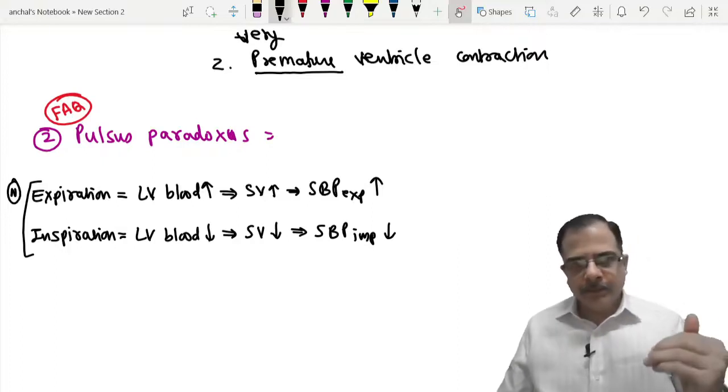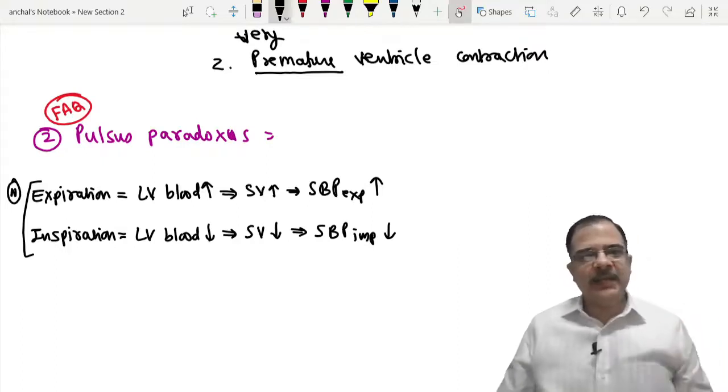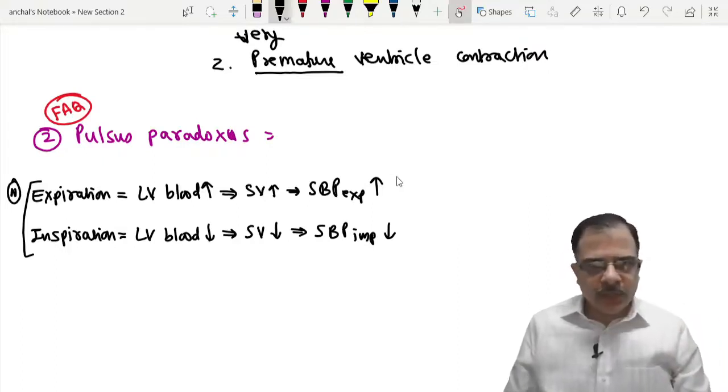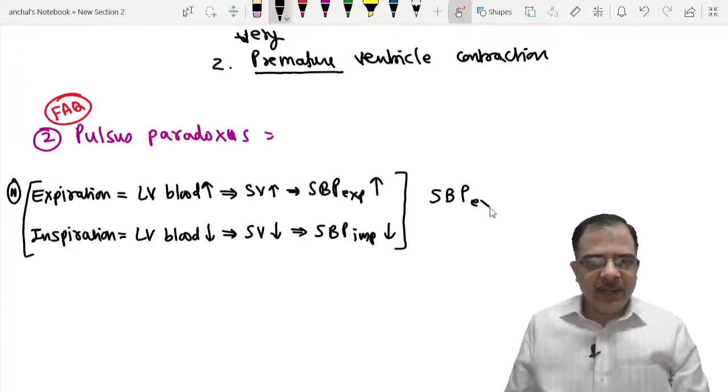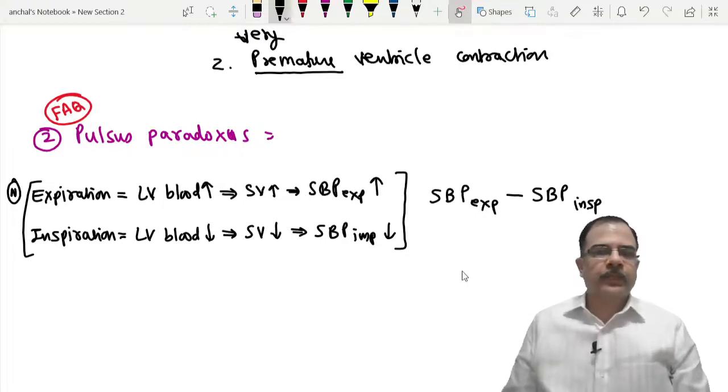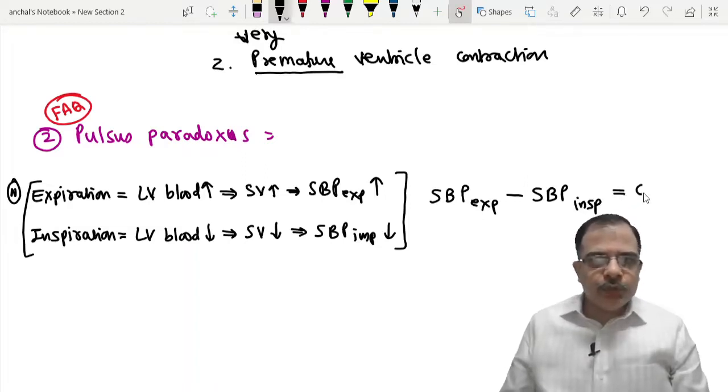So the conclusion is, if we take systolic BP during expiration minus systolic BP during inspiration, it will come out to be 0 to plus 10 mm of mercury.